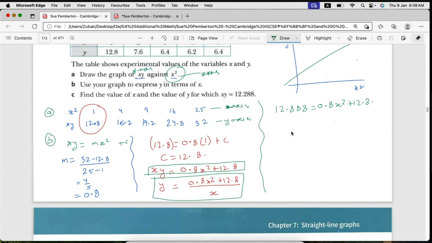Okay, so then B part is y equals 0.8 x squared plus 12.8 over x. Correct. And C part is just plugging in 12.288 in front of it, right? Right.